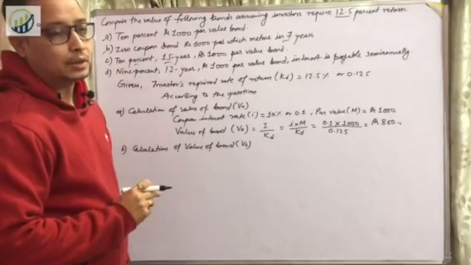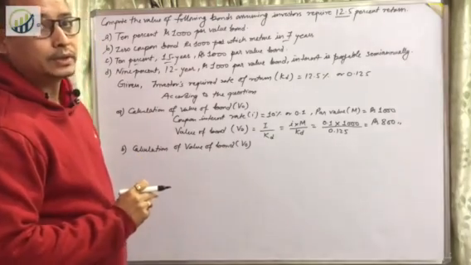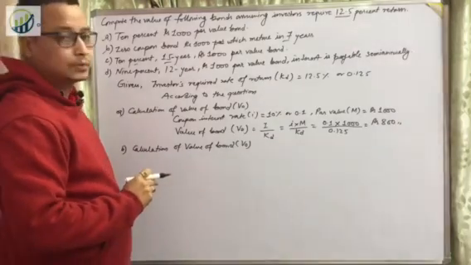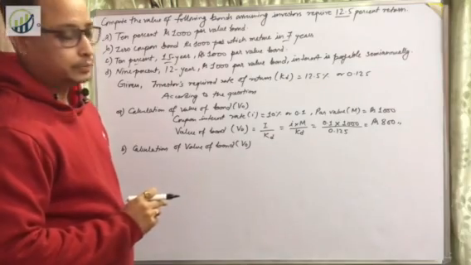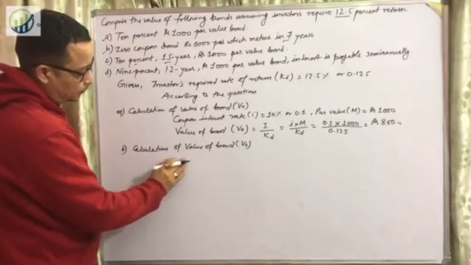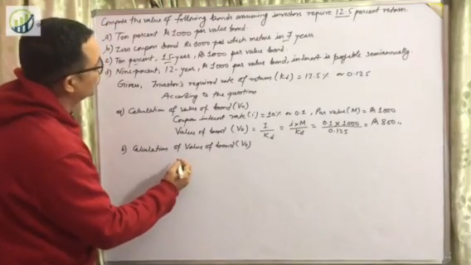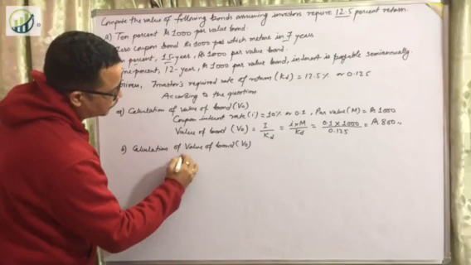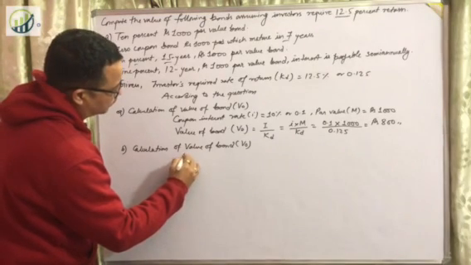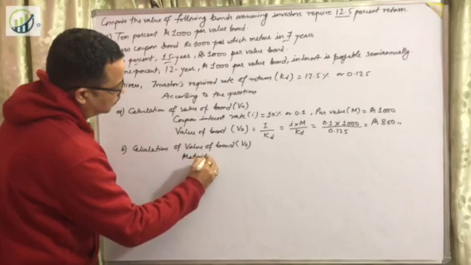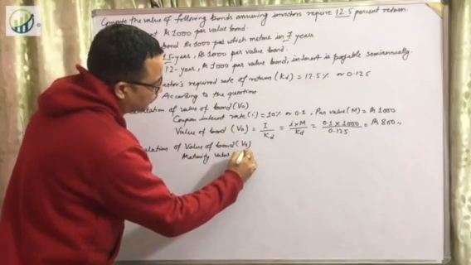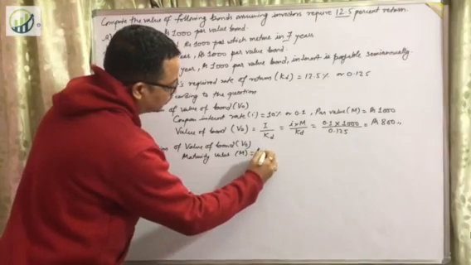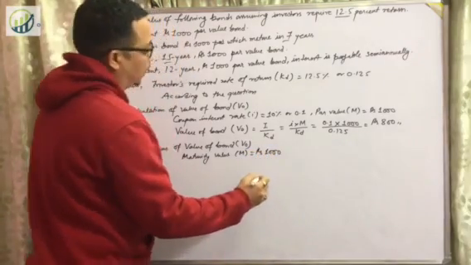That means bond has no interest rate, and it has only the maturity value and the maturity period. So let's find the value of this bond. So here now you can write maturity value or par value. This is M, this is your rupees 1000, and the maturity period.